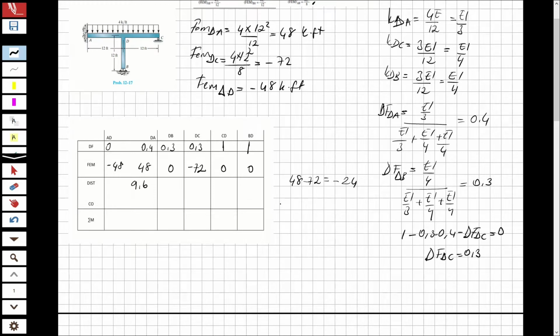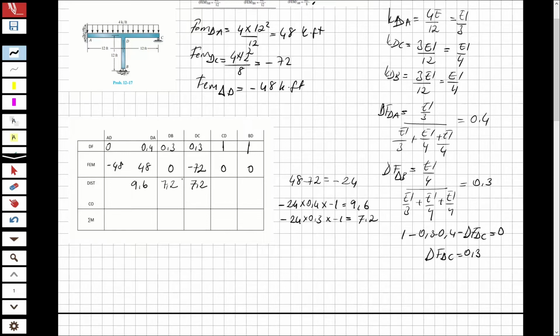I'm going to do it for all of them. So I take this one again: 0.3 times minus 24 times minus 1 is going to be 7.2, and this is also the same, 7.2.